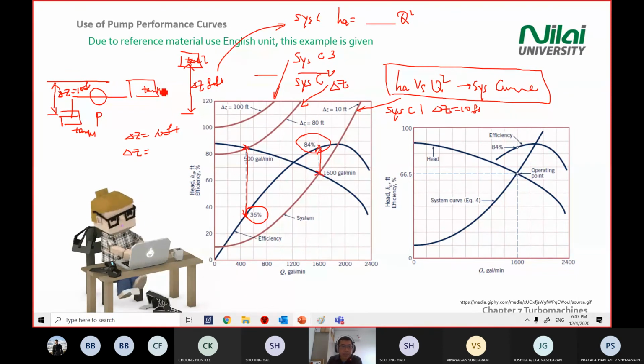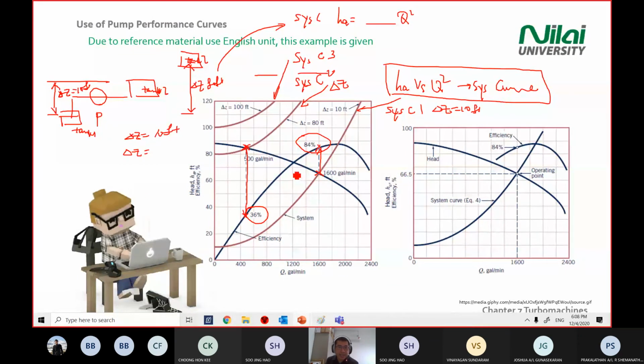But what happens if we increase the elevation of the tank? Let's say in this example, you increase the position of the tank to 80 feet and you plot the line at 80 feet here. There's an intersection point with the system head here. From the intersection point, you drop down to intersect with the efficiency line, you get only 36%.